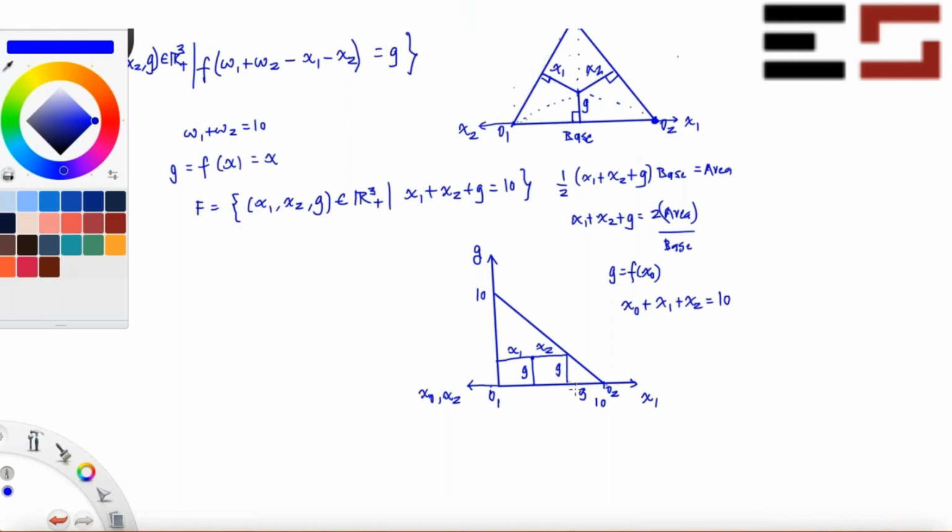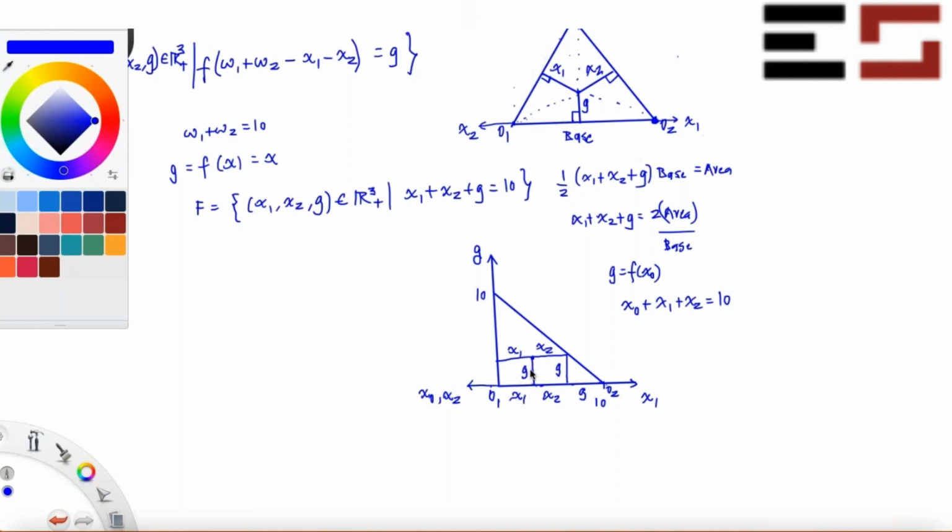If this is x2, then this must also be x2, and if this is x1, then this must also be x1. So x1 + x2 + g is equal to 10. That's the reason you can use this triangle to represent the set of all feasible allocations.